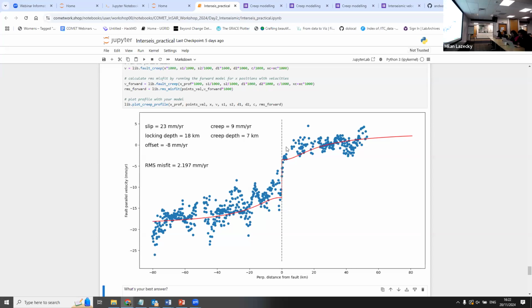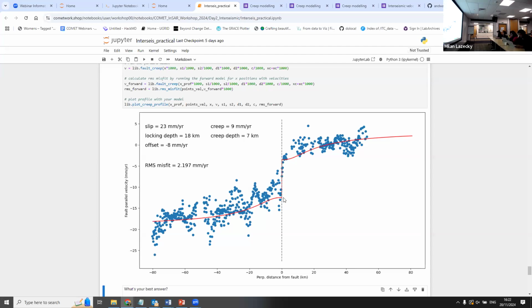If I remove this data, it looks like a locked fault.